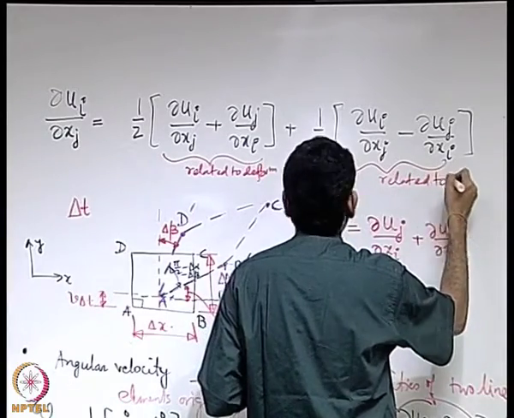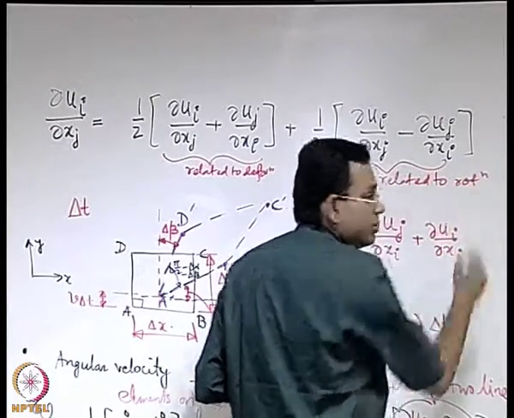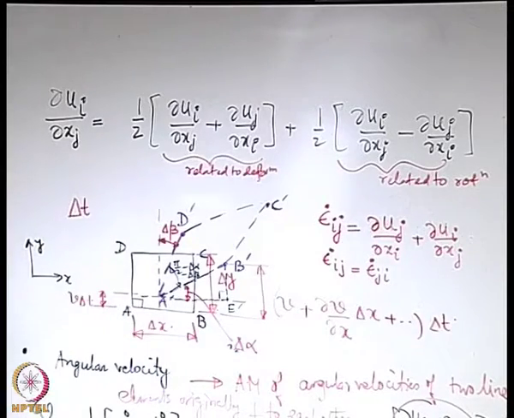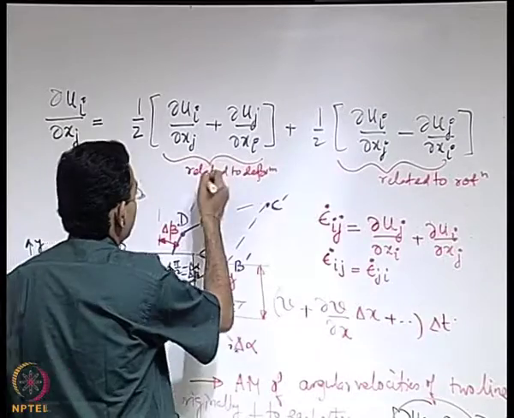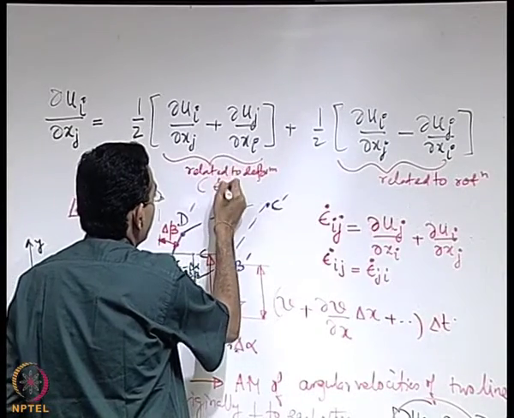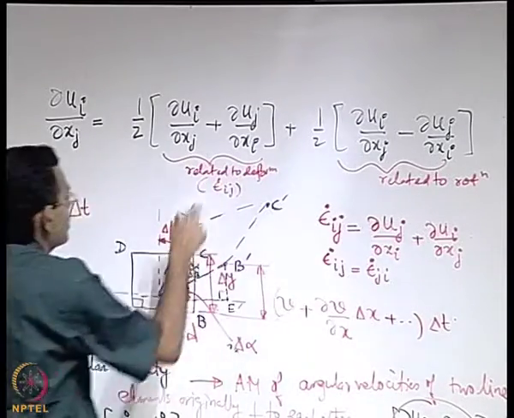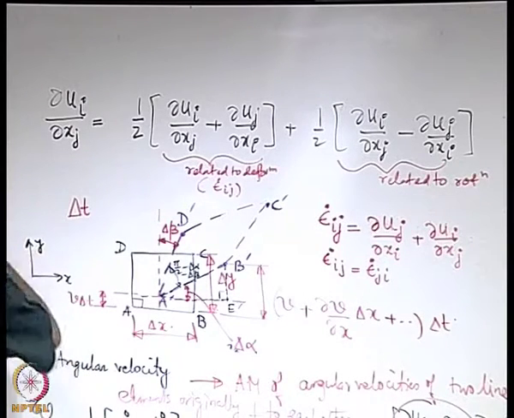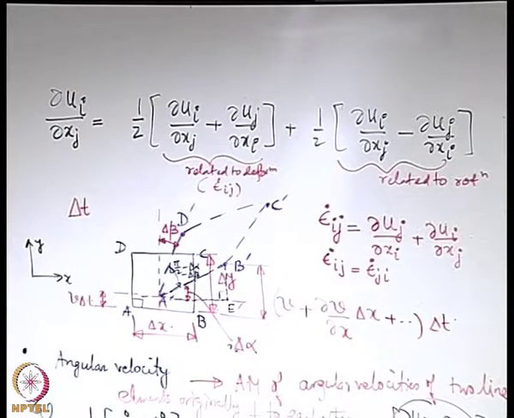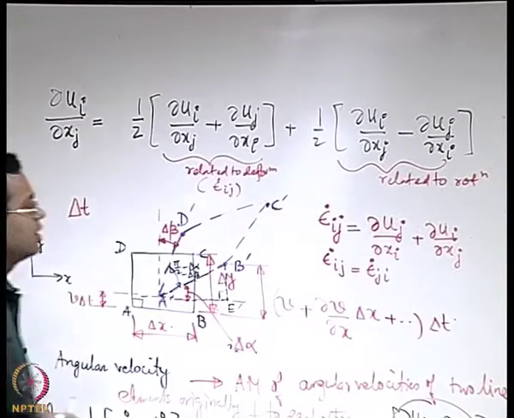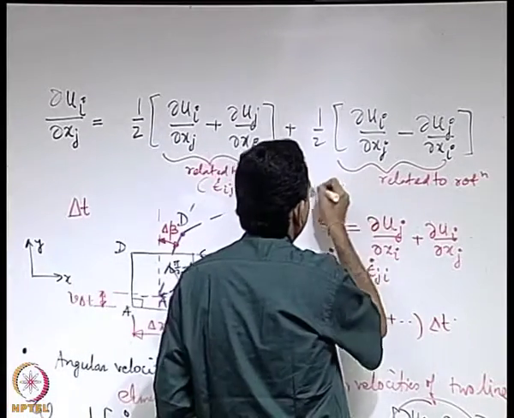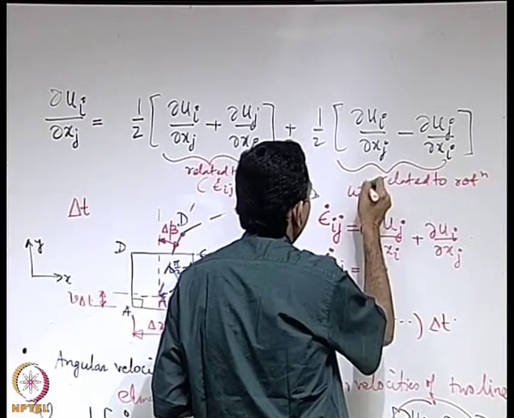You have to clearly understand the demarcation between rotation and deformation, and this is epsilon dot ij. Sometimes when half is considered with epsilon dot ij, it is given just a different name, say gamma dot ij, just a matter of writing the symbols, there is no great sanctity in that. And this one of course we know that with the half it is omega ij.